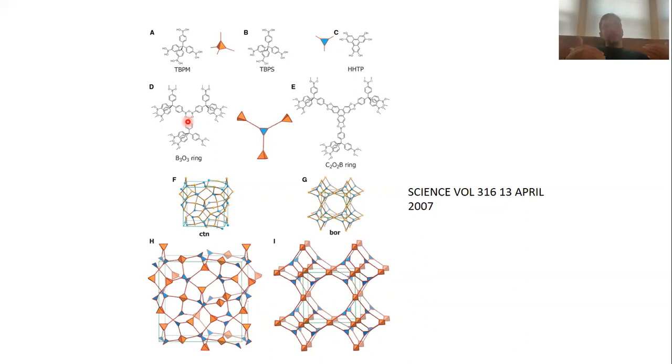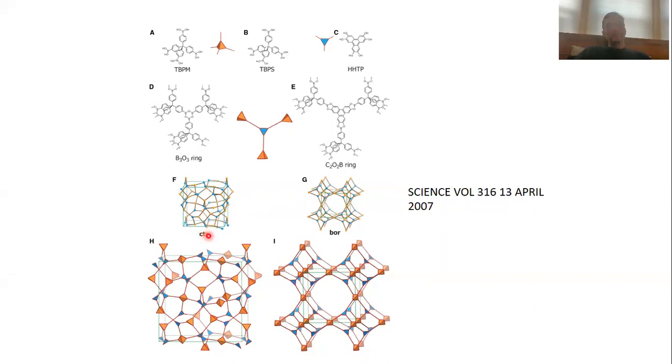Nonetheless, you can produce different structures. Okay, so even though both reactions connect the tetrahedral unit with the trigonal planar building unit, the resulting structures are not identical, and you see this here. So, in the case of the boronic acid anhydride, we have a framework structure with a framework topology CTN.